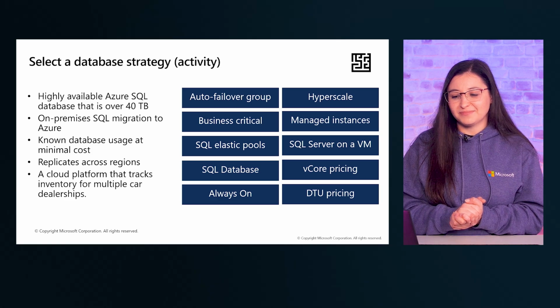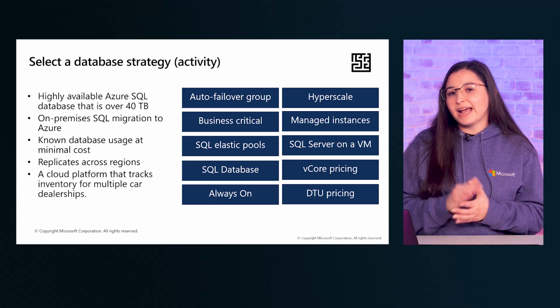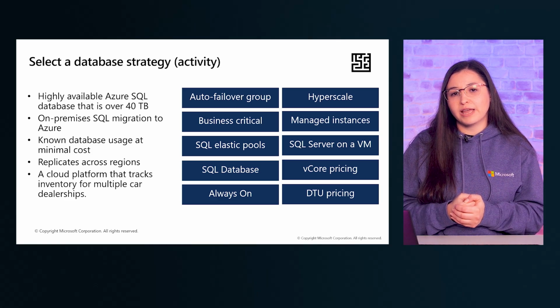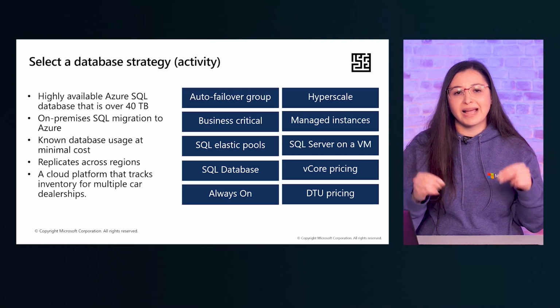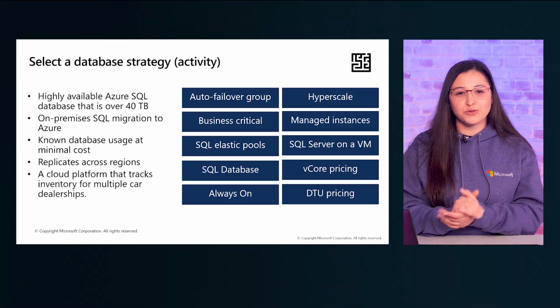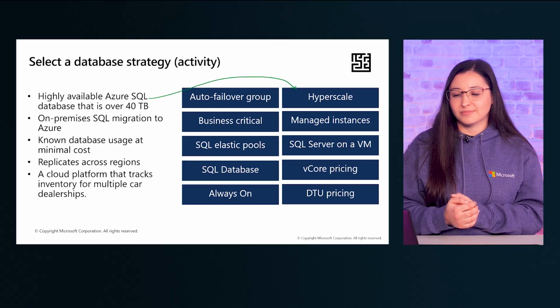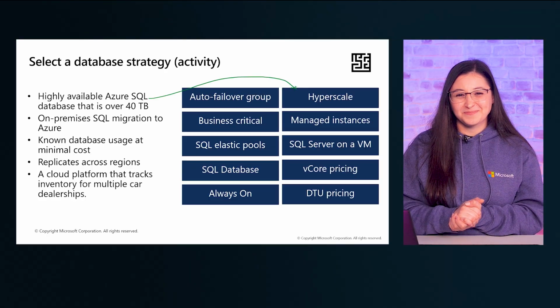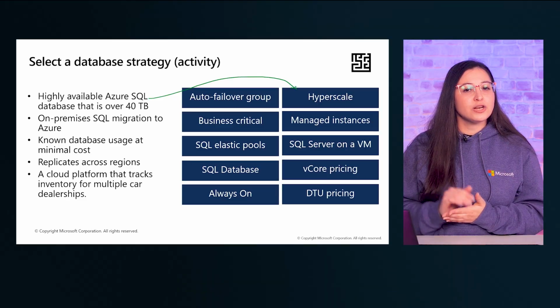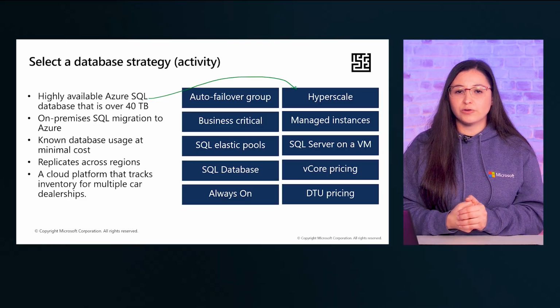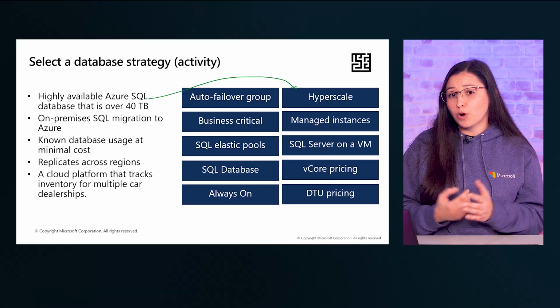Let's do some activity. If we need a highly available Azure SQL database that is over 40 TB in size, what do we choose? We can go for hyperscale. If we have an on-premises SQL migration to Azure, what will we do?